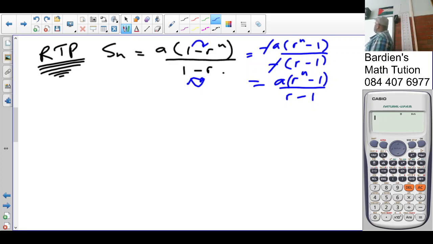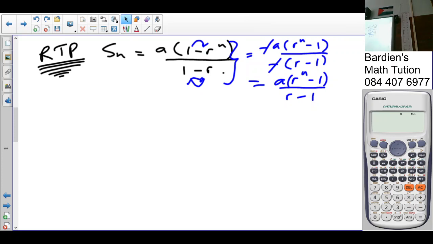I think the formula sheet has this one on it, if I'm not mistaken. Just check that. Oh, it is the second one. See? If you use the formula enough times, you will start memorizing the formula.